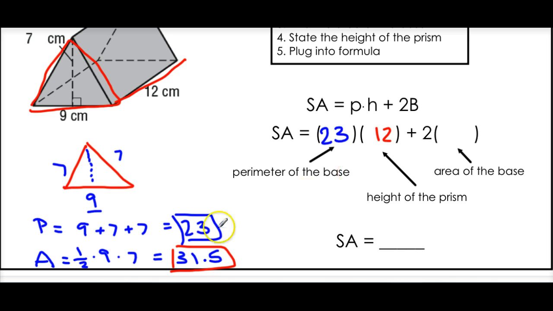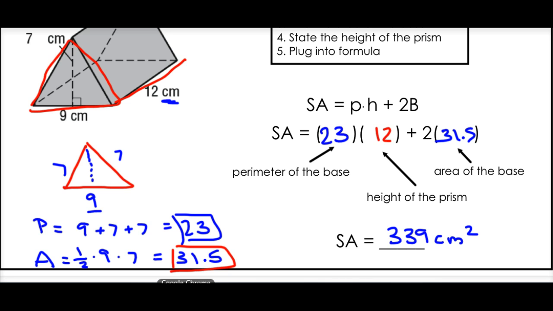Plus 2 times the area of the base, which was 31.5. Now we just plug this into the calculator, and the final surface area is 339. Once again, there is a unit, it's centimeters. So we find out that this is centimeters squared.